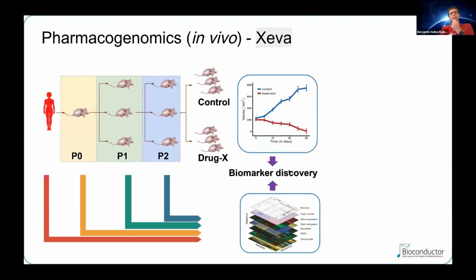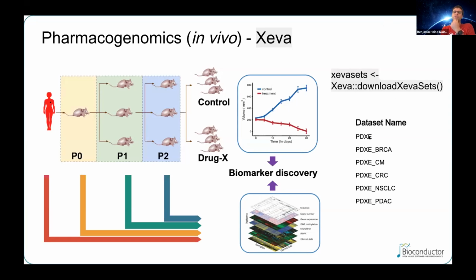And why we had to develop a new package is basically for two main reasons. One, the experimental design is very different from in vitro pharmacogenomics, but also the phenotype. Here it's not concentration versus viability, it's time versus tumor volume. And so it requires very different modeling functions and a different way to store the data.